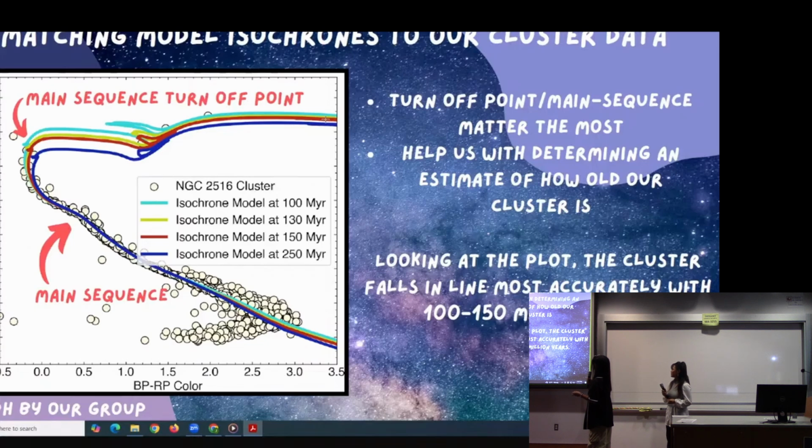So with that in mind, we can say that our star cluster is around 100 to 150 million years old.